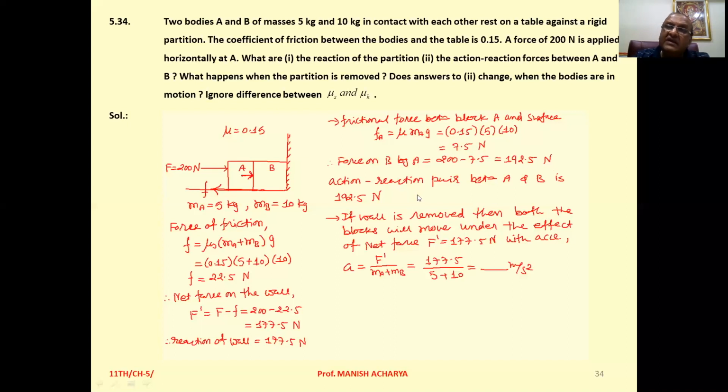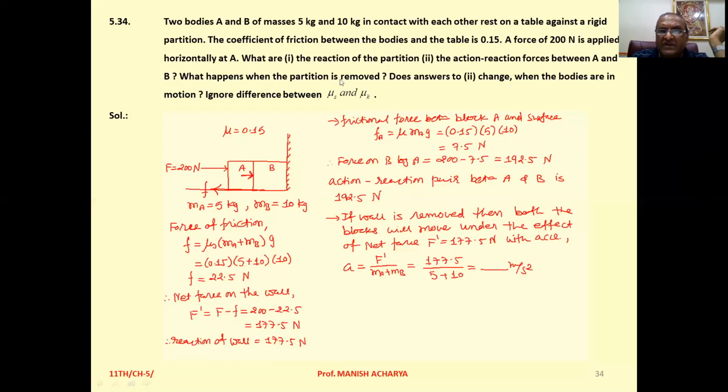So when A exerts force on B, that is 192.5, B also exerts the same force on A. So the action reaction pair between A and B is 192.5 Newton. Clear?